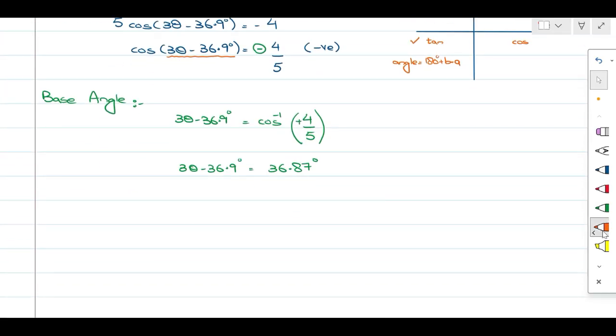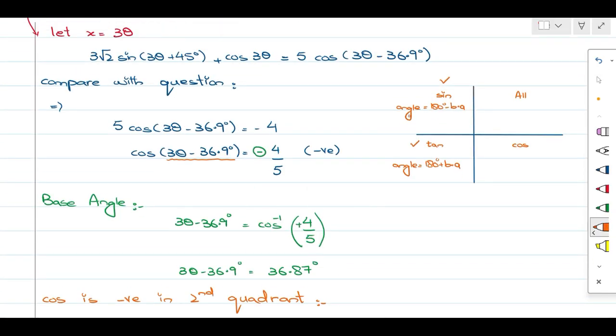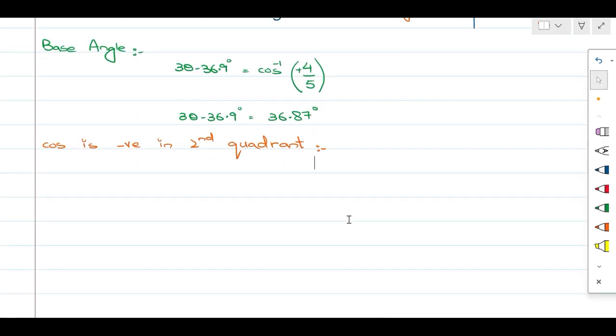Now cos is negative in the second quadrant. Let me solve for theta for the second quadrant. For the second quadrant, your angle is 180 minus the base angle, BA. Here my angle is 3 theta minus 36.9 degrees.